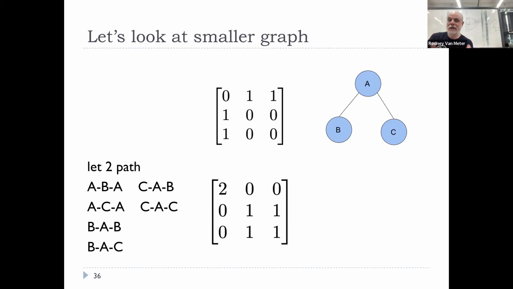That means that there are 2 possible 2-step paths that start at A and end at A.